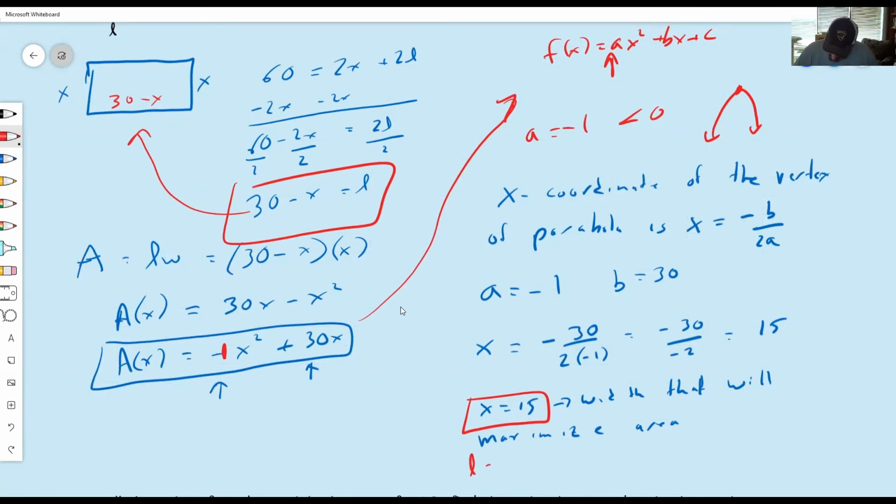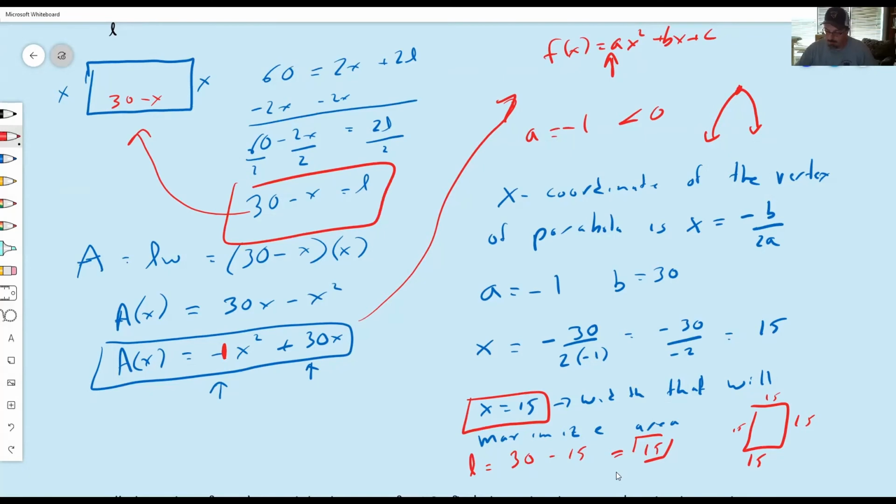So L is going to be 30 minus 15 equals 15. So the dimensions that maximize the area of the rectangle is a square.